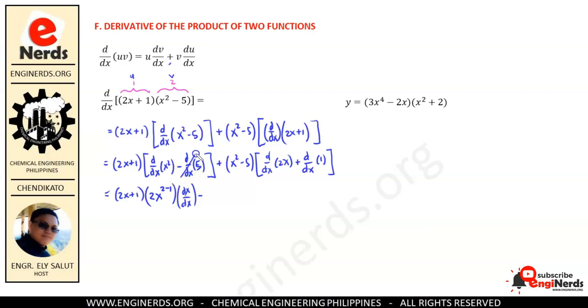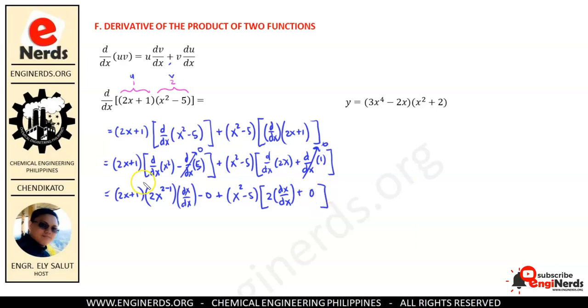So this will be equal to 0. Okay, so this will be equal to 0. Plus, we'll copy our v, which is x squared minus 5 times the derivative of 2x, which is equal to 2 dx over dx plus the derivative of 1, which is equal to 0.